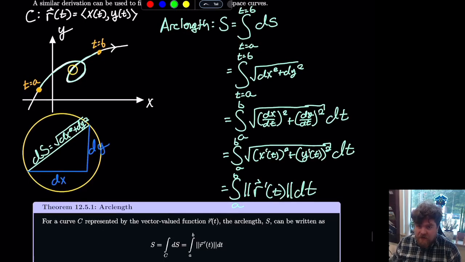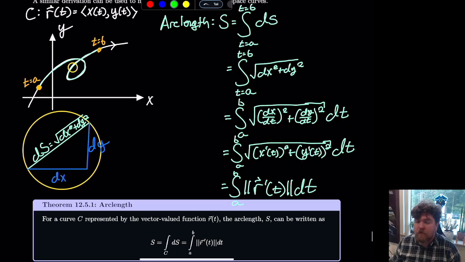So regardless of if we're in the plane or in space, we could say that the arc length of a curve represented by a vector valued function is the integral from a to b of the magnitude of r prime of t dt.